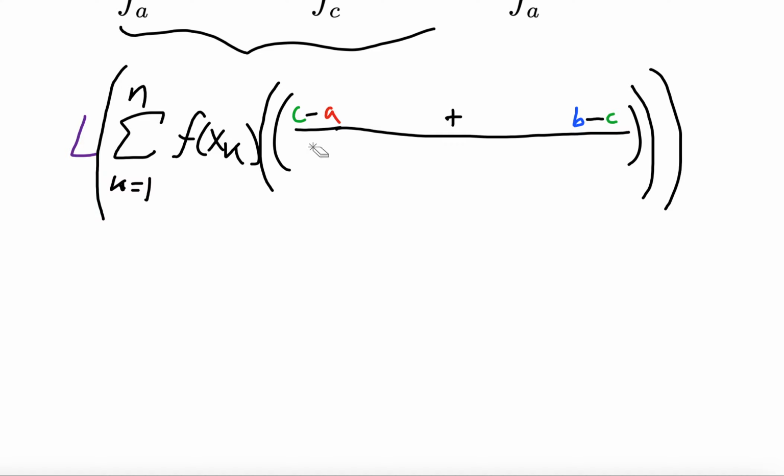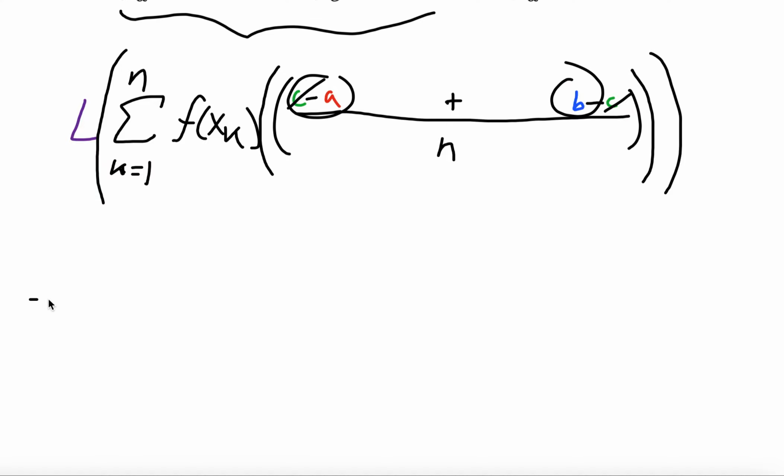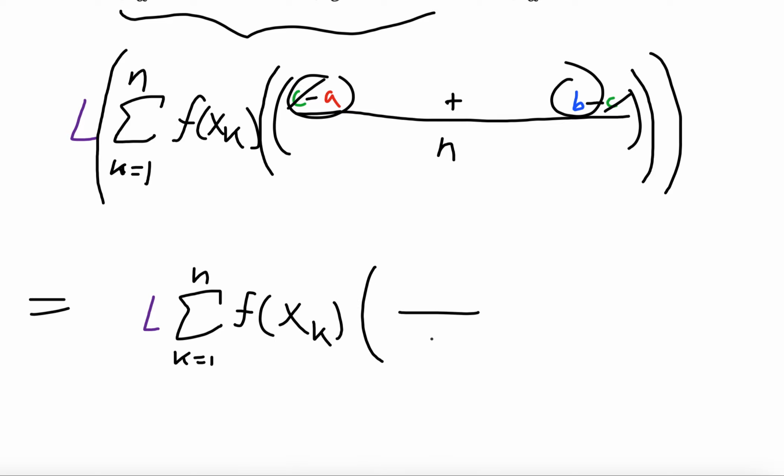All right? And what do we do now? Well, c minus a plus b minus c is what? Well, these c's cancel, and then you have b as a positive minus a. So I'm going to rewrite this like this. We have the limit of the sum, k going from 1 to n, of f of xk times, now we get b minus a over n.